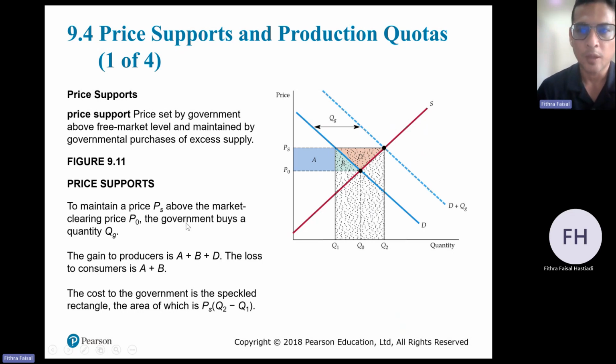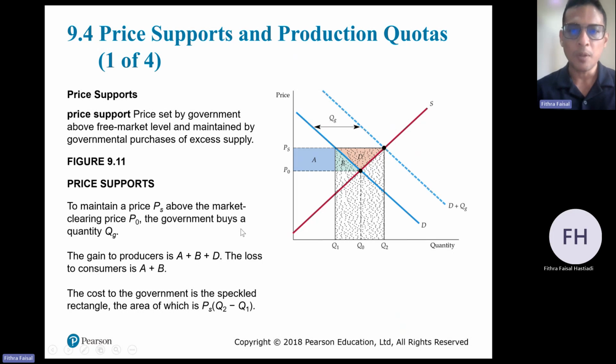But as we also learned from the previous example, this will also cause a deadweight loss, and the deadweight loss will be even bigger when the producers have some kind of production overshooting, right? So they will produce until Q1, Q2, and the area over here should also be a negative effect for the economy.